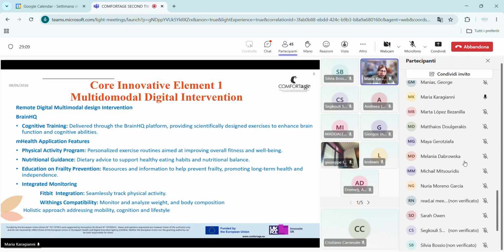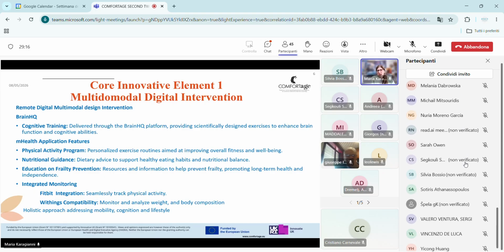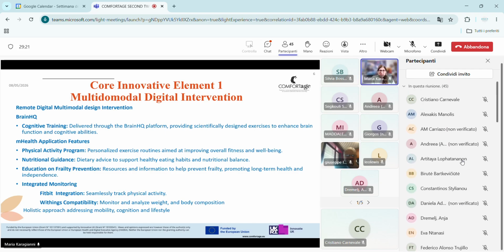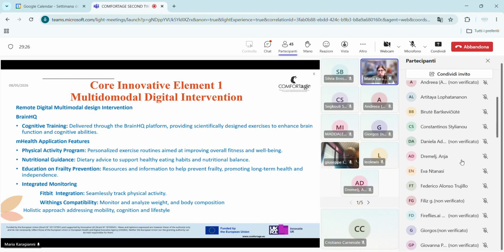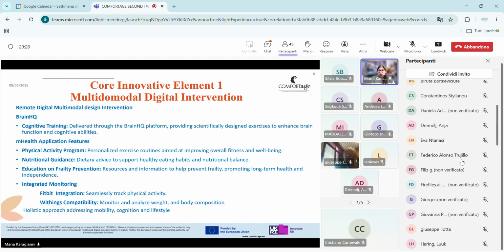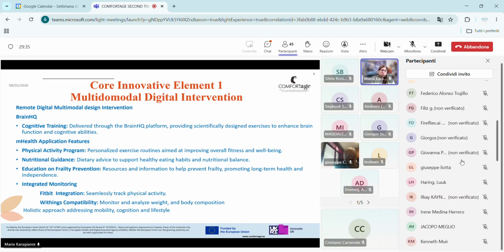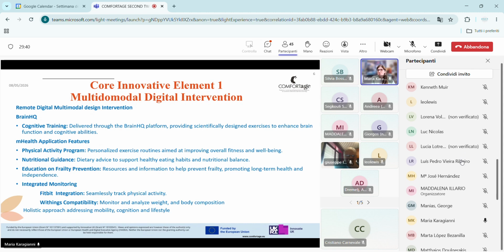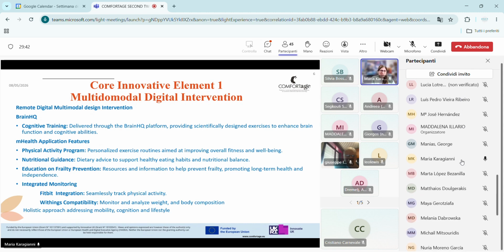It is an application with physical activity programs, personalized exercise routines aimed at improving overall fitness and well-being, and nutritional guidance with dietary advice to support healthy eating habits and nutritional balance, and also for them to record and keep track of what they are eating and consuming. It includes education on frailty prevention, with resources and information to help prevent frailty, promoting long-term health and independence.